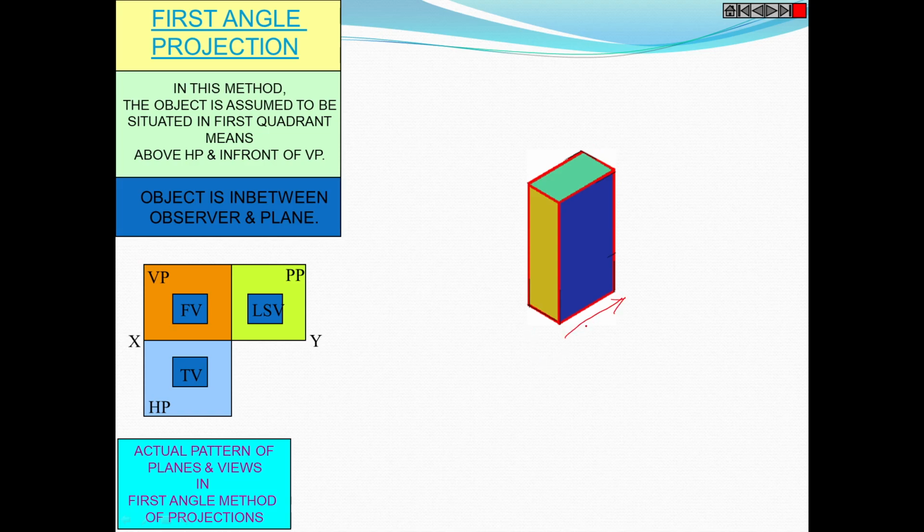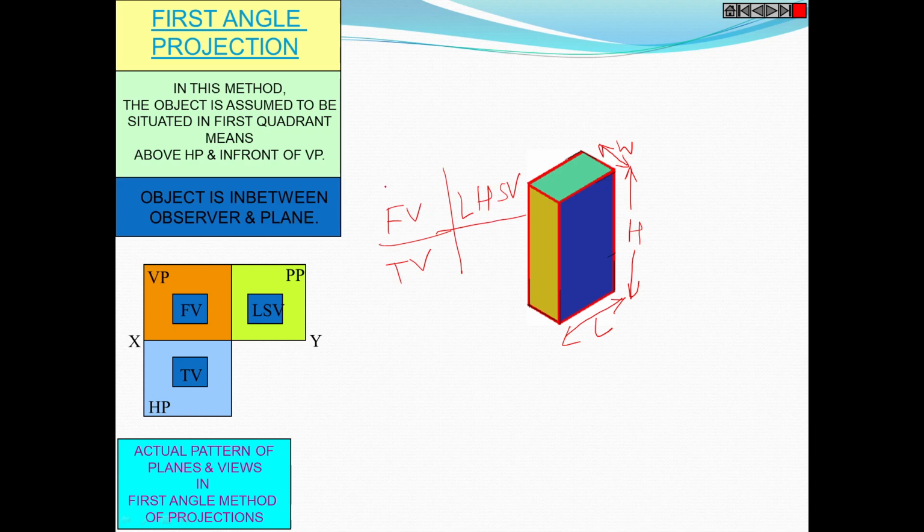The first dimension is the length. This is the length. This is the height, from this point, and this is the width. And we want to convert this three-dimensional object into 2D drawings, that is the front view, top view and left hand side view.